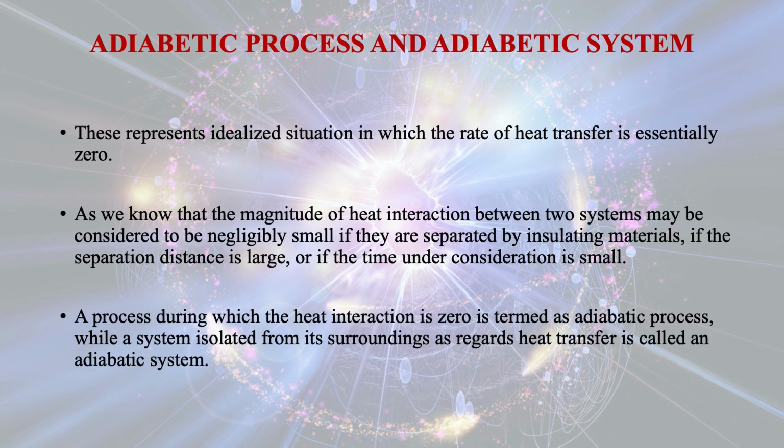A process during which the heat interaction is zero is termed as an adiabatic process, while a system isolated from its surroundings as regards heat transfer is called an adiabatic system. Thus, the term adiabatic means Q is equal to 0.